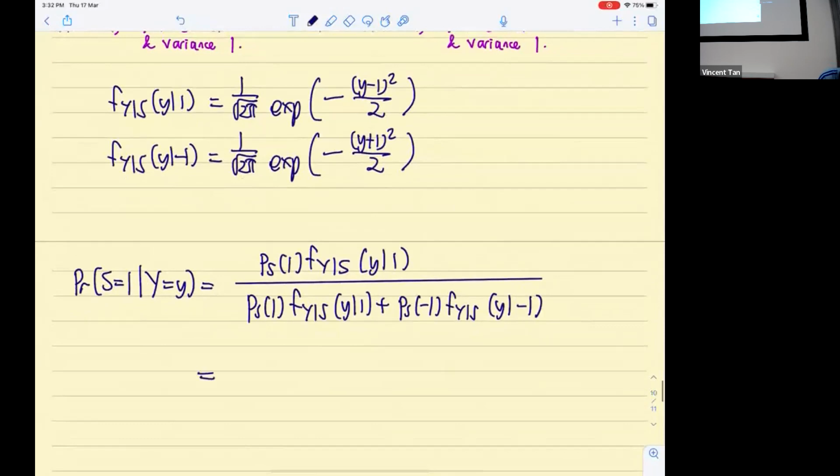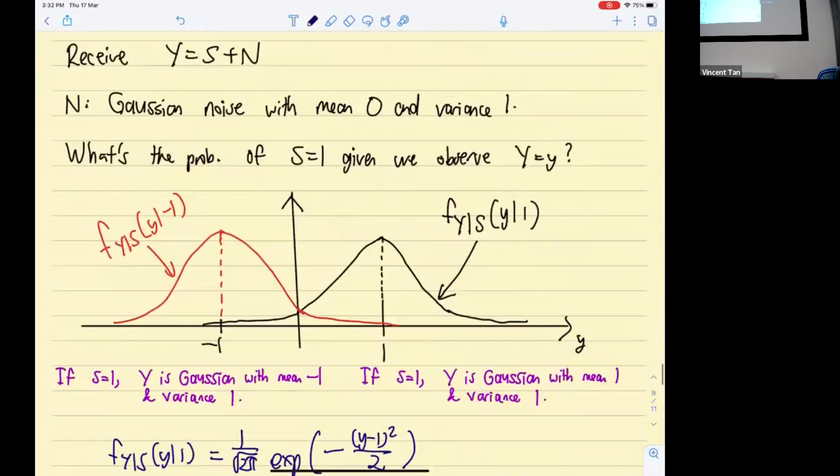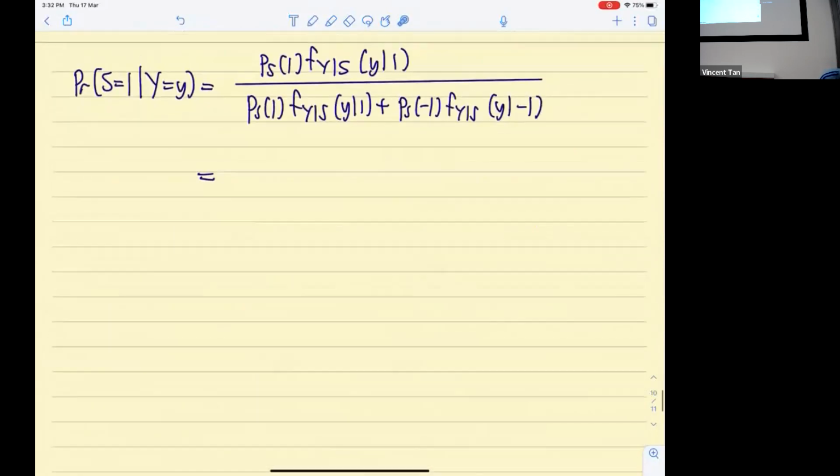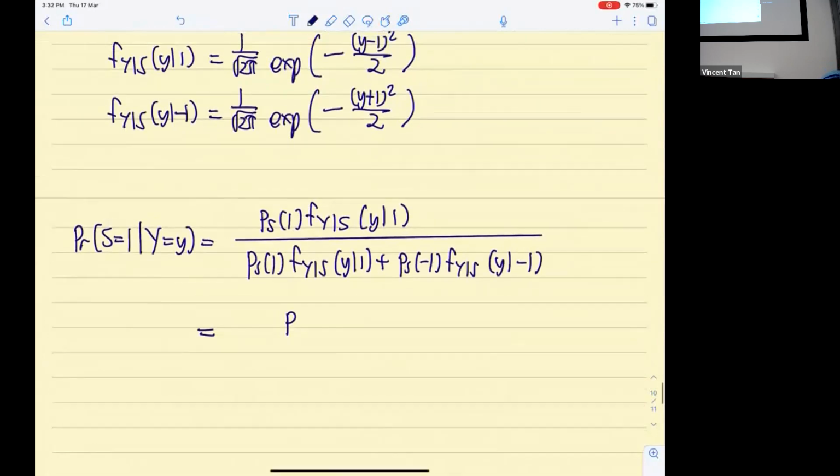So what we have is the following. P of S1, the probability that S is equal to 1, is P. It comes from here, so we can plug it in. And the density of Y given S is equal to 1 is 1 over square root 2 pi e to the minus (y minus 1) squared over 2.